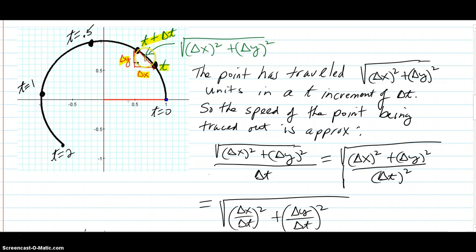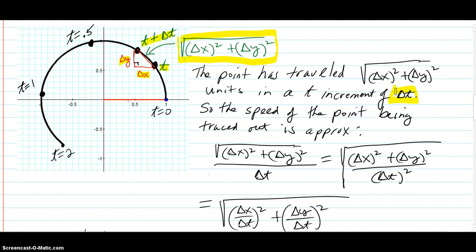But anyway, you have a nice right triangle there, so the hypotenuse is the distance that you traveled during that delta t parameter change.